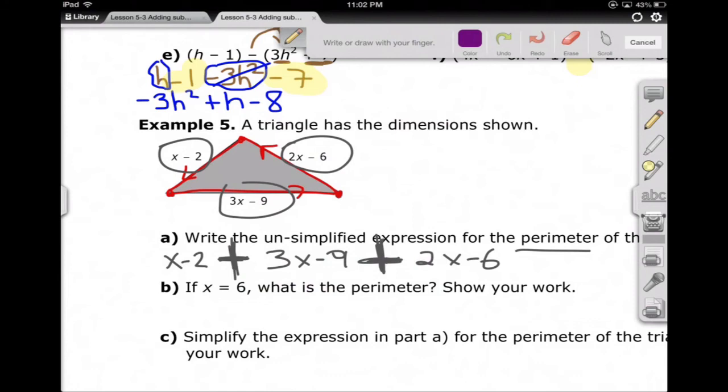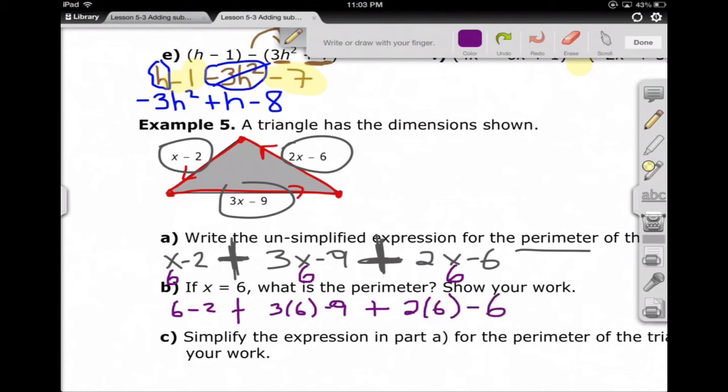If this is a 6, and that's 3 times 6, and that's 2 times 6, we've got a lot of work to do because we've got 6 minus 2 plus 3 times 6 minus 9, and the third side, which you have to add on, is 2 times 6 minus 6. Okay, this is getting to be a lot of work.